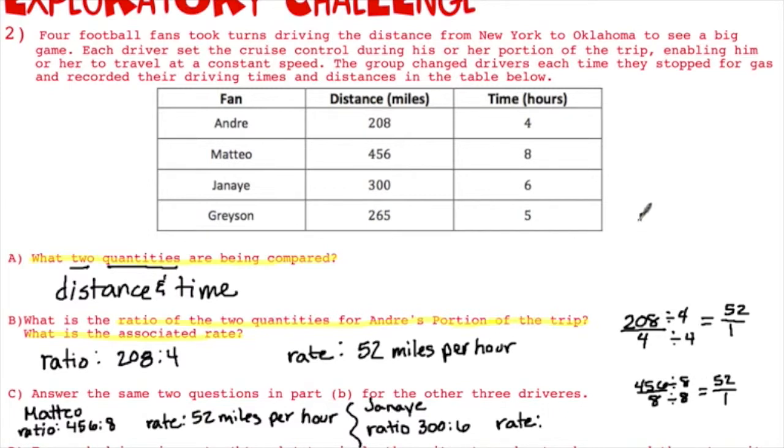So 300 miles to 6 hours. I divide both by 6. Hers only breaks down to 50 over 1, so 50 miles per hour.